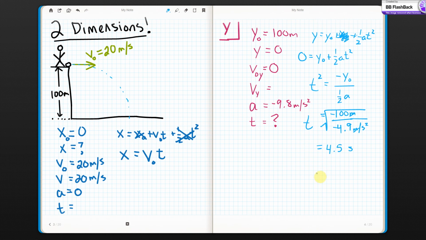Well, if that's how long it has until it hits the ground, that's how long it has to travel in the x direction. So that is the time that we will use over here, 4.5 seconds, which means I'm ready to plug stuff into this equation.